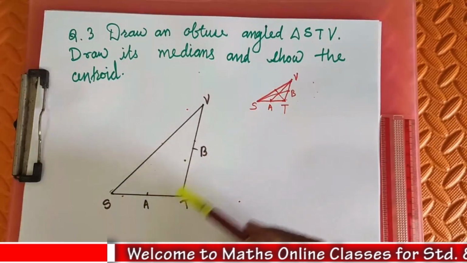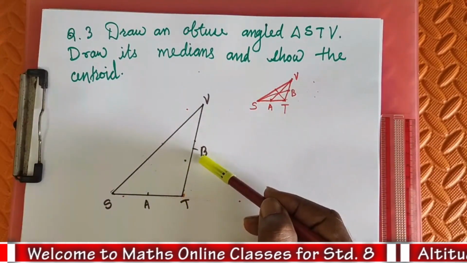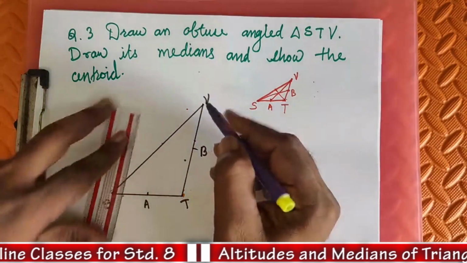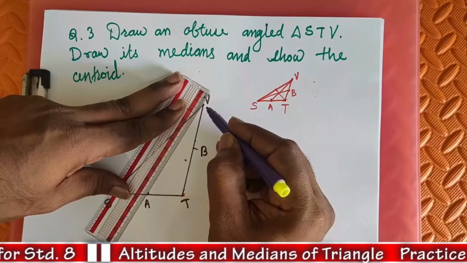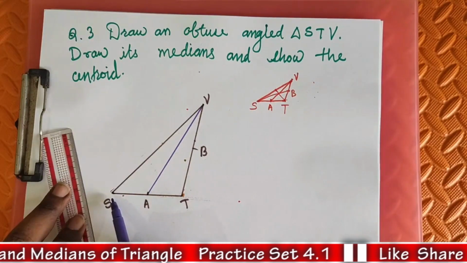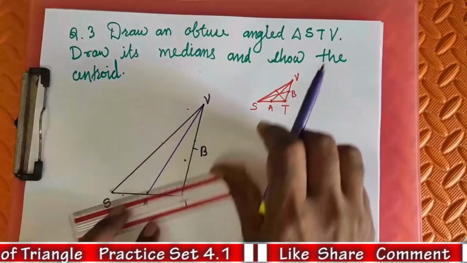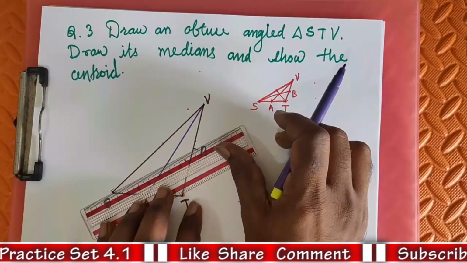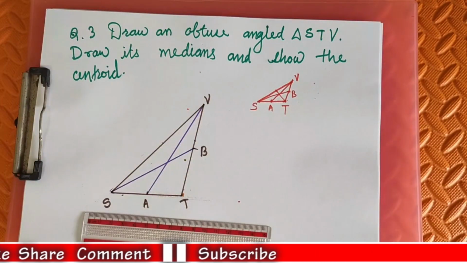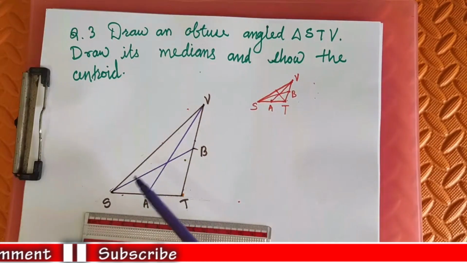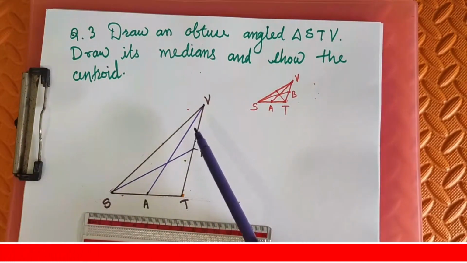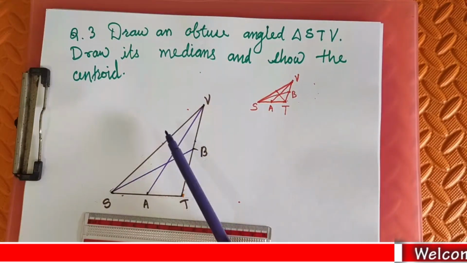Understand? On this side also we have another midpoint. Join this vertex V and midpoint A. Again vertex S and midpoint B. In the last lecture we learned, if we don't know the midpoint of any side, we can find it with the help of the perpendicular bisector.